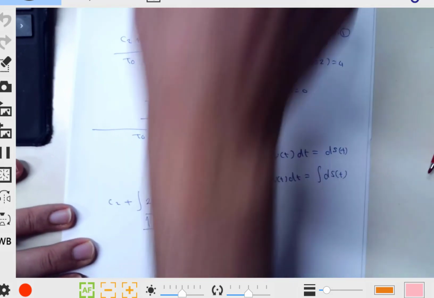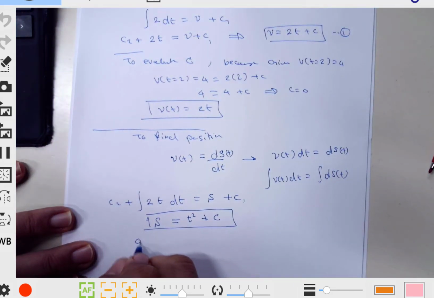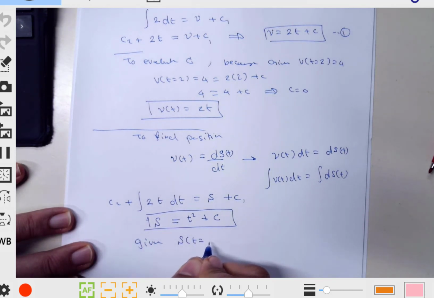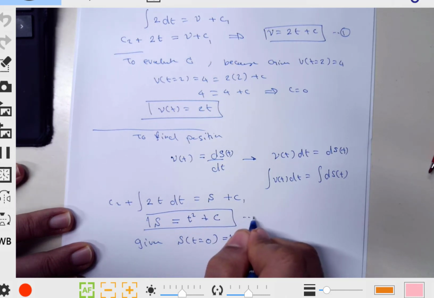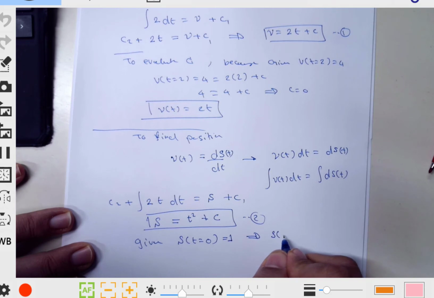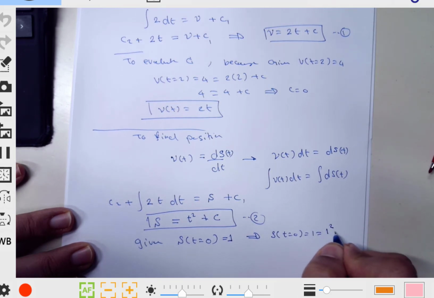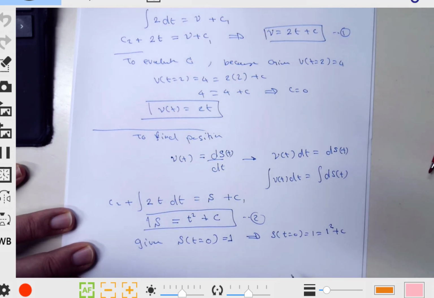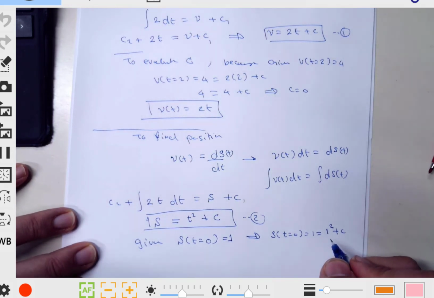Now I use the initial condition. I will use the initial condition given that the position at time equal to 0 was equal to 1, substitute in 2, 1 square plus c, and how much was that?